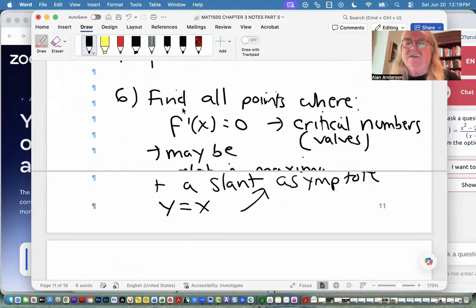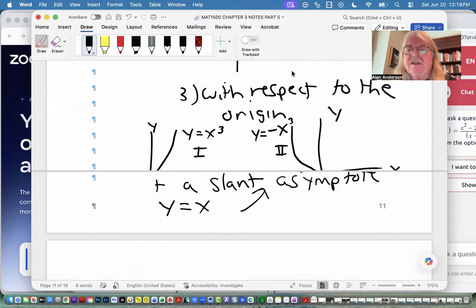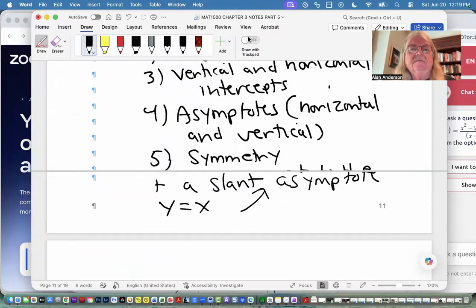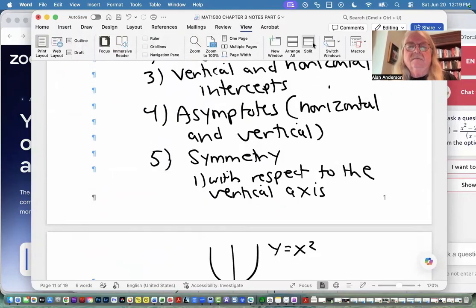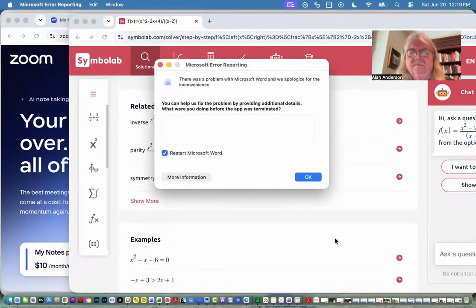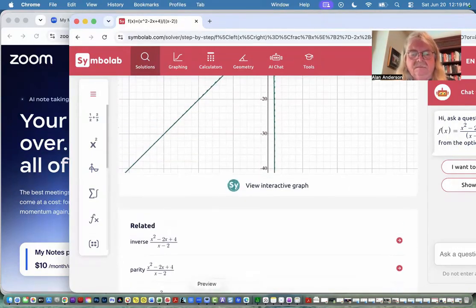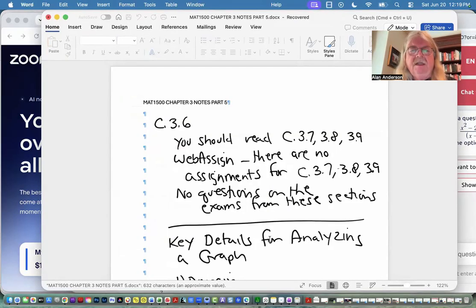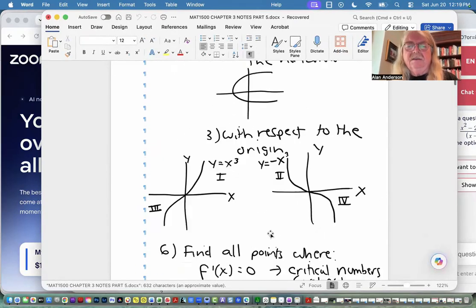Ah, critical values, of course. Now let's get to that. So first, we're going to take the first derivative, set it equal to 0. We can get rid of that split. Uh-oh, what happened there?